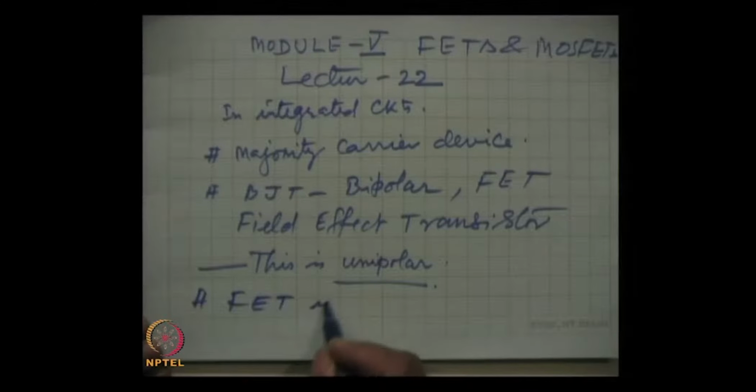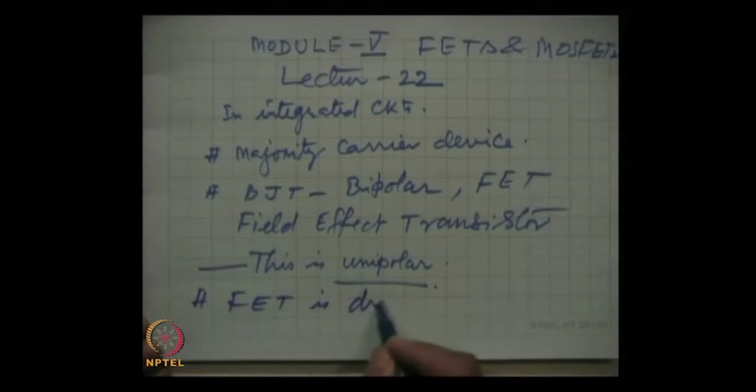We will see that in the field effect transistor, the operation depends not on diffusion, but on drift of charges under applied field. So, the FET is a drift current device.